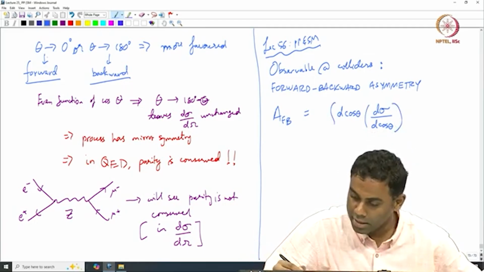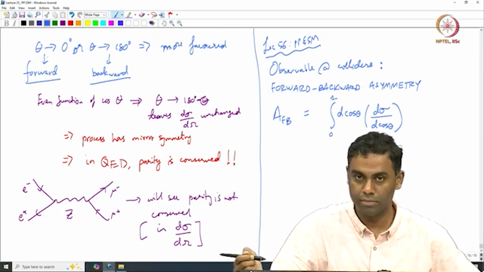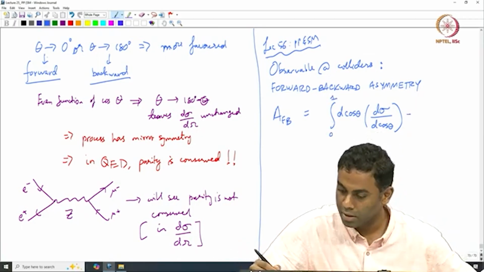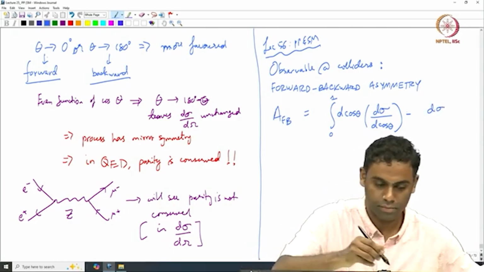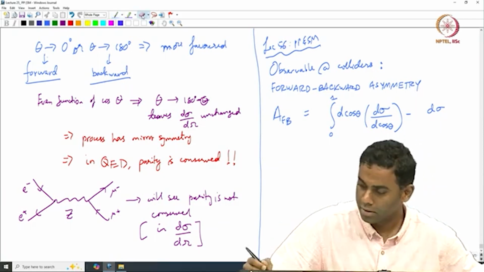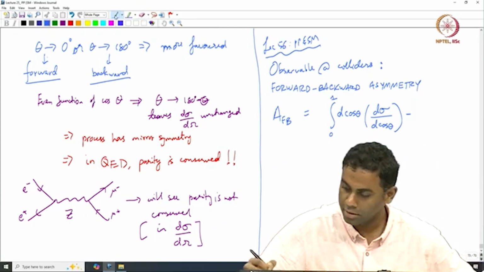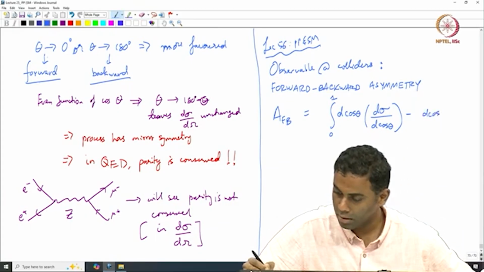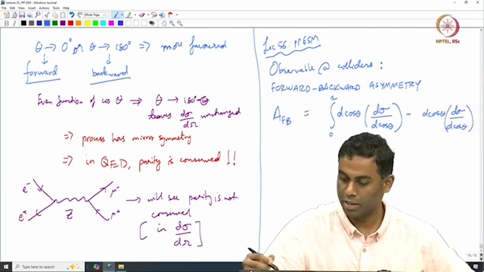I am going to integrate it first only in the forward direction, and then I am going to integrate it only in the backward direction.